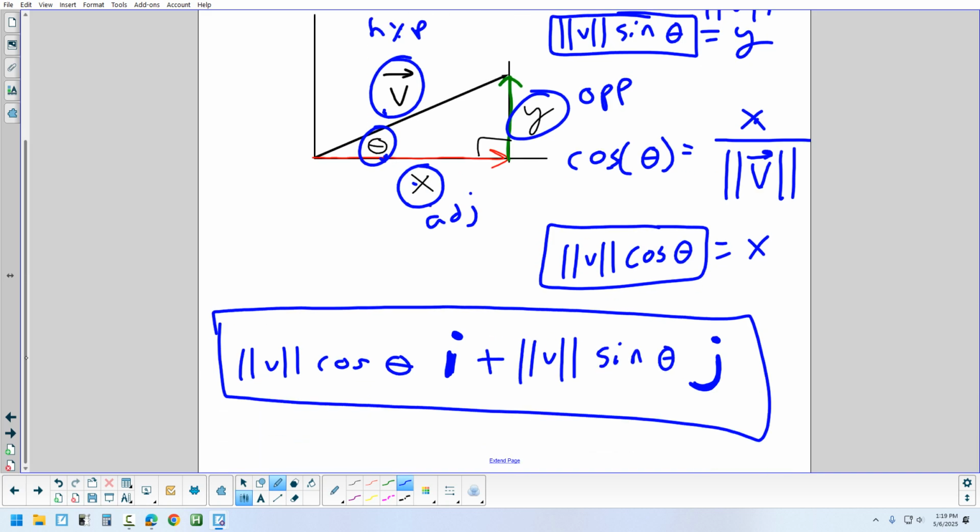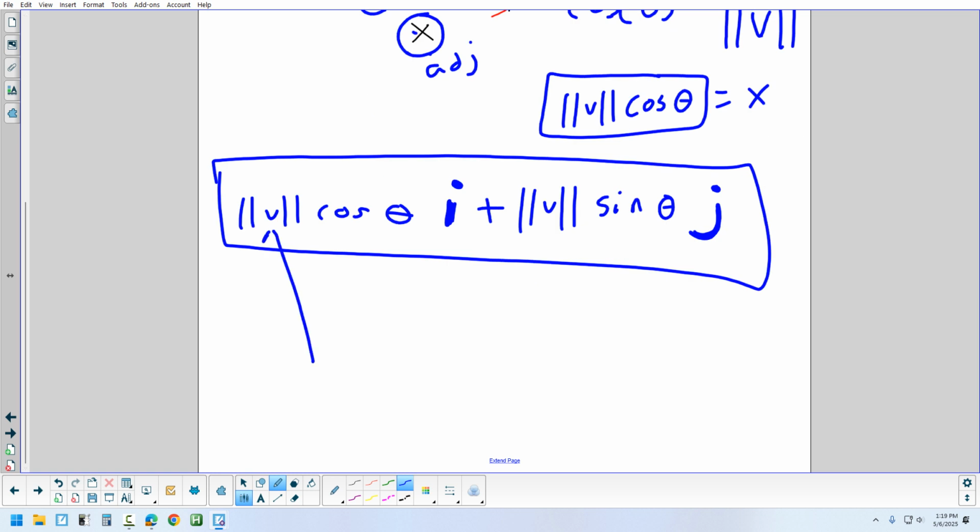And that is how you write a velocity vector. That's the speed that the object is thrown at. That is the angle that it's thrown at.